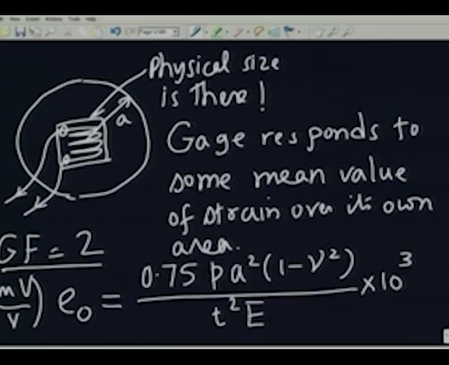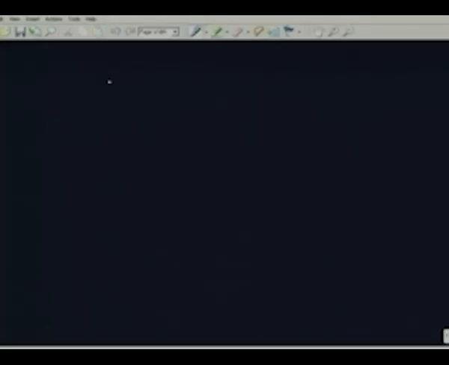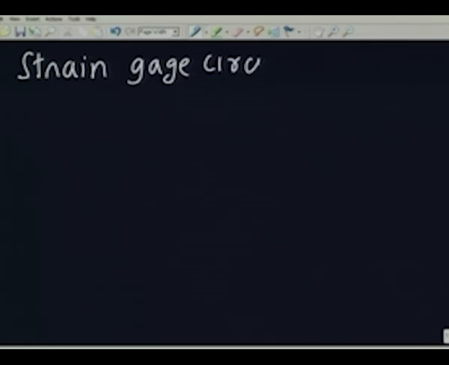Now, before we take up the example, I will look at the way we are going to use the strain gauge in a circuit. I will be able to just discuss a few elementary things, and then of course, we will continue it in the next lecture.